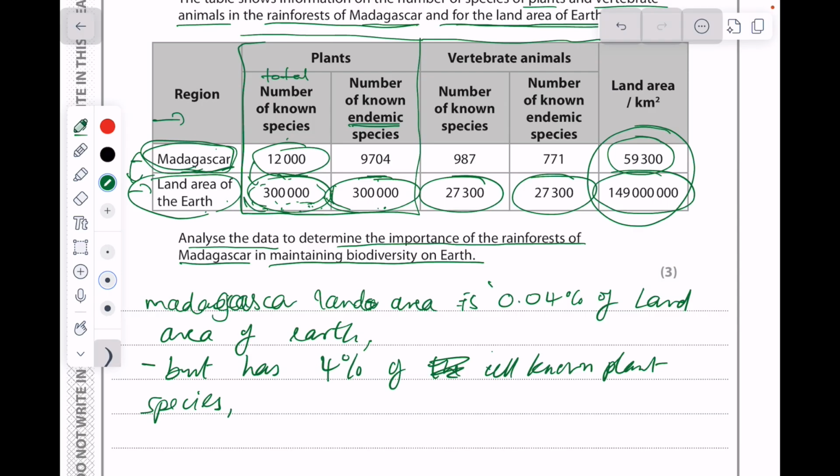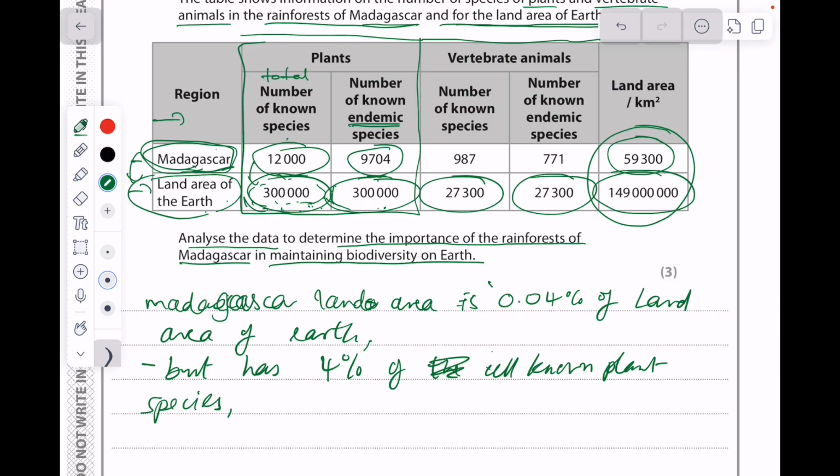And of those 4%, we could then do a percentage of 9,704 divided by 12,000 times 100. Okay, and it's about 80% of those.